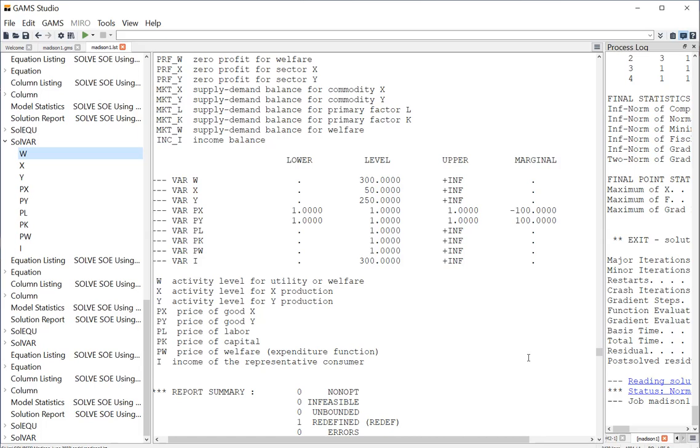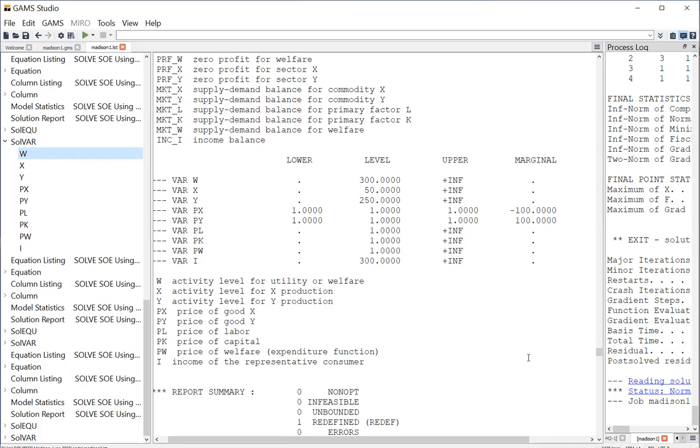The nice thing about the coding when this was written is that even though you're technically dropping those equations, it still reports the imbalance in that equation. So the complementary equation to PX is supply minus demand. So that's negative. So that's an import. That imbalance is the imports.